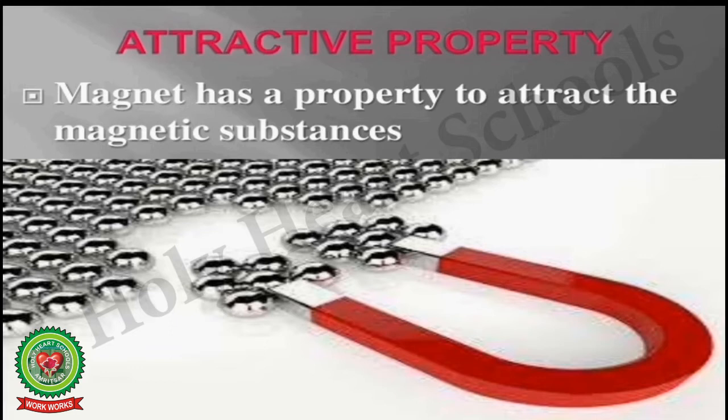Magnet has a property to attract the magnetic substances. We have already discussed what are magnetic substances. Iron, steel, nickel, cobalt, all the substances that are attracted towards a magnet are called magnetic substances. And this is one of the properties of magnet, that it attracts magnetic substances towards itself. This is called attractive property.